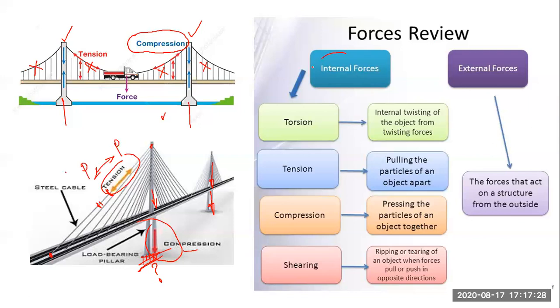So the concept of internal forces and external forces must be very clear. External forces means, say, the bridge has a self weight. This self weight will come under the external force. One car, one truck is moving over the bridge, the weight of the truck will come like this.